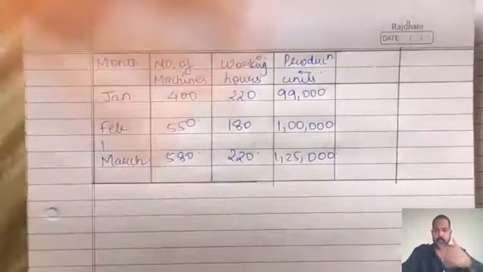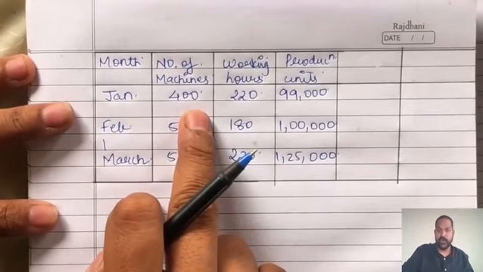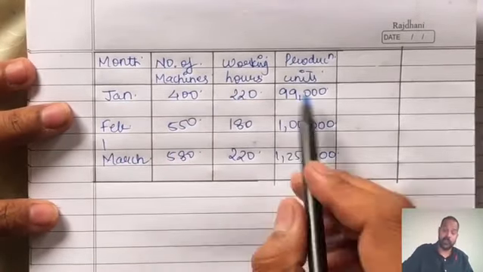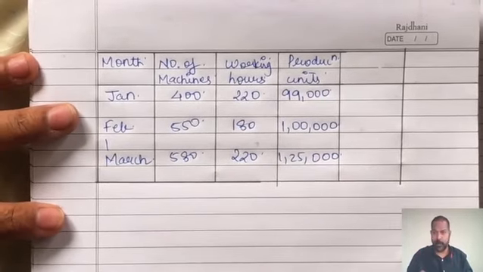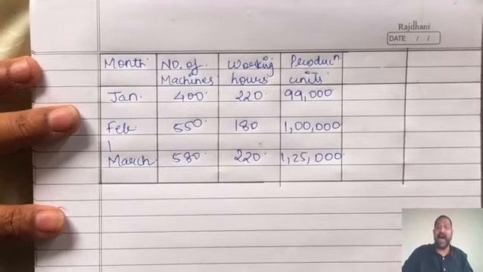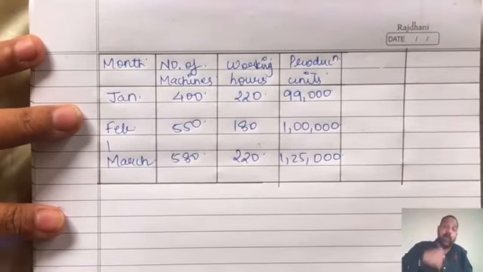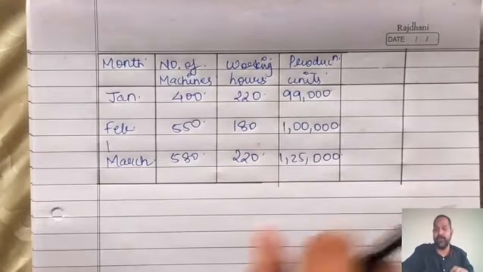So let me pause and write it down. There are 400 machines working in January, each working for 220 hours, giving me a production output of 99,000. You are asking me a per machine hour productivity. For that, I need to know how many machine hours I am working to give you an output of 99,000.